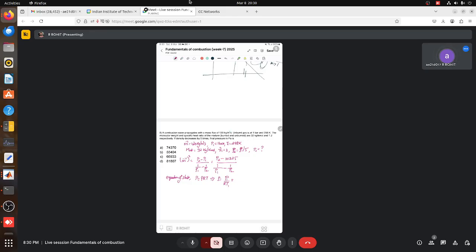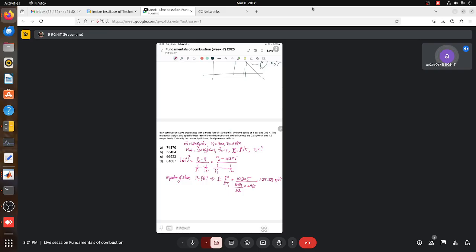So for state 1, pressure at 1 bar is 101,325 Pascal, and R is nothing but the universal gas constant divided by the molecular weight. So for rho 1, your molecular weight is given as 32, into temperature, that is 298 Kelvin. Now if you substitute it here, you will get a value close to 1.2915 kilogram per meter cube.